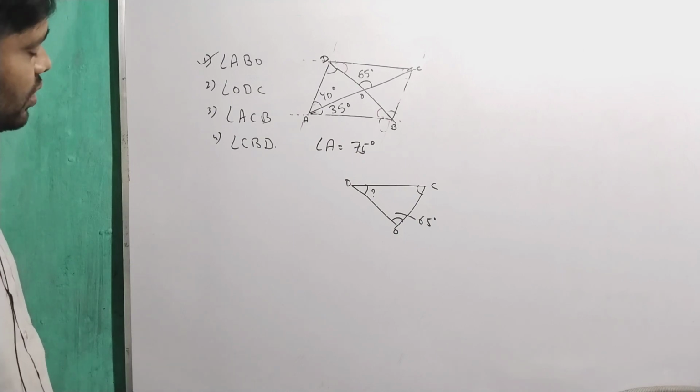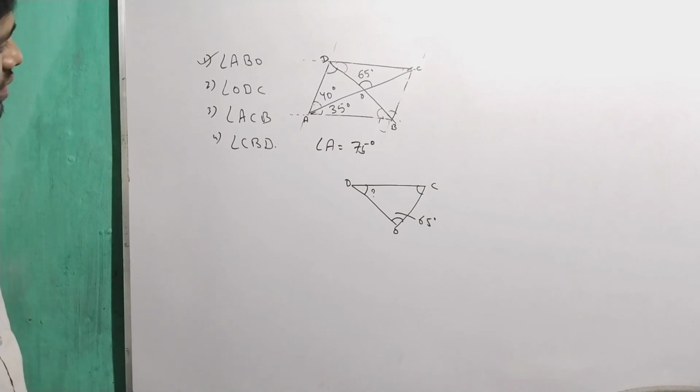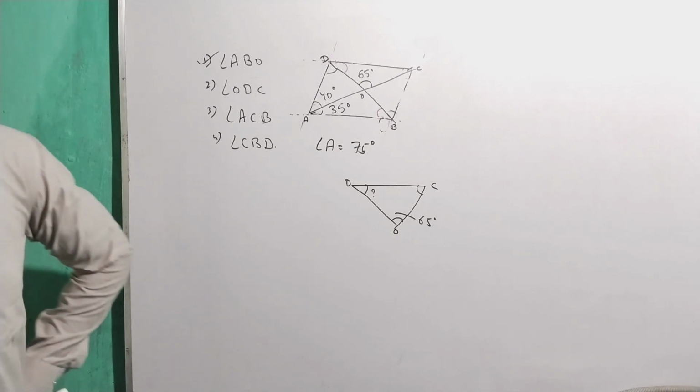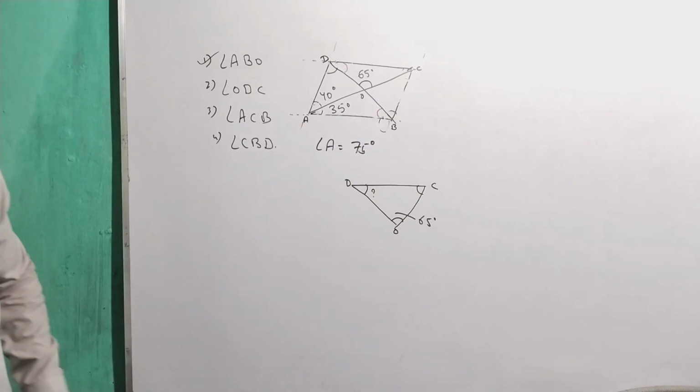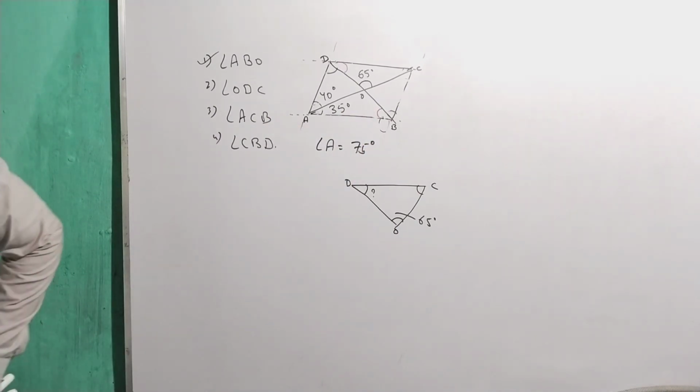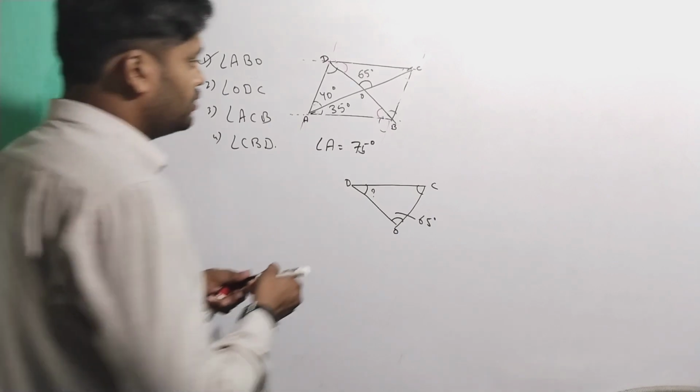Is there any other way to get the value? 65 is there. So we got here 75. So we have to find the value of that one. No, 85. No? So we got this one as how much? 80 degrees, no? 80 degrees we got. Okay, 80 degrees. You write the value here, so it will be easy for you.